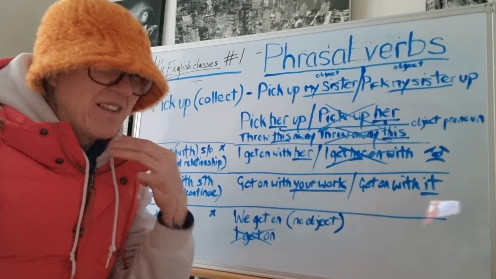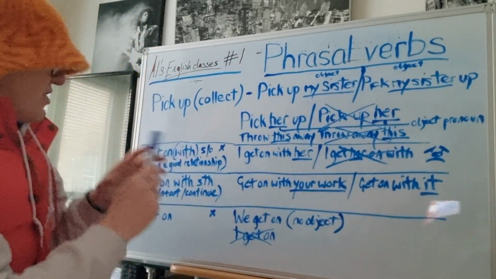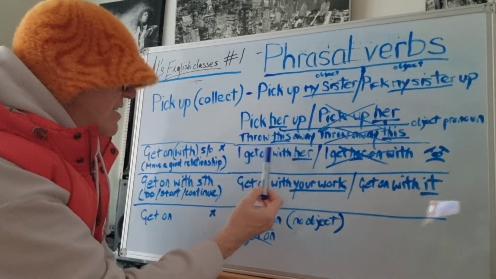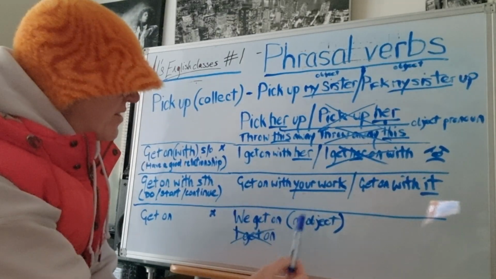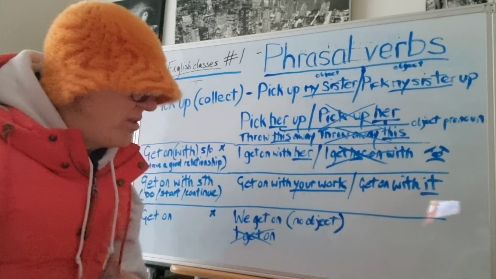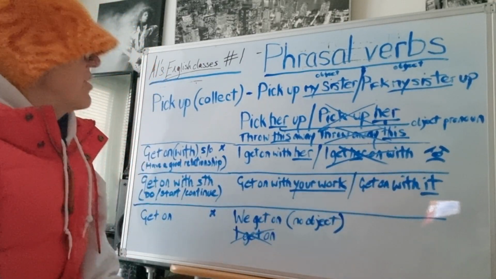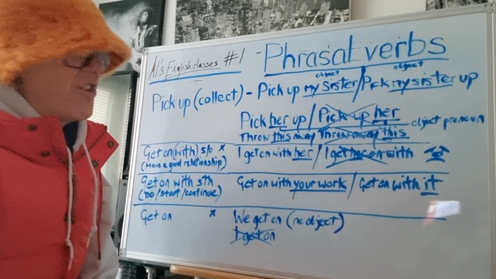It didn't necessarily sound like it made a lot of sense, but I'm sure it does. Just to clarify, two people, I get on with her, or we get on with each other. But the subject could be we, 15 people, and them could be another 15 people, as long as everybody knows what the context is. So I hope that hasn't made you more confused.